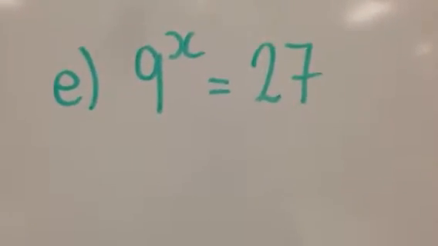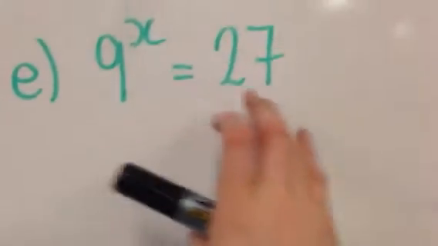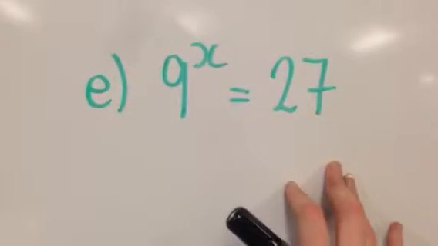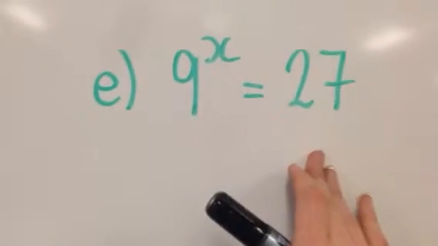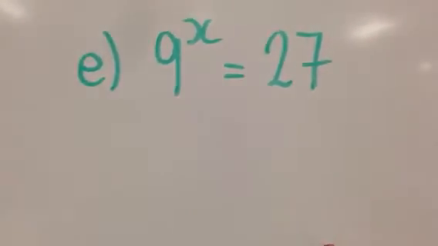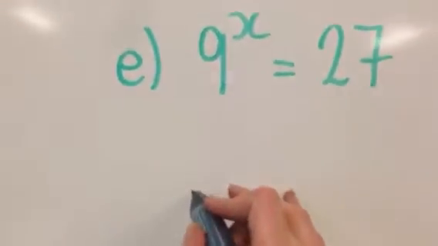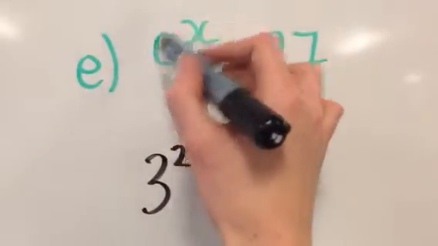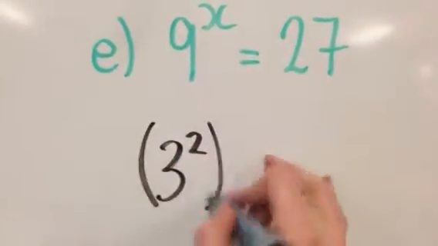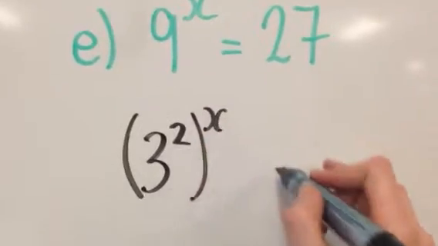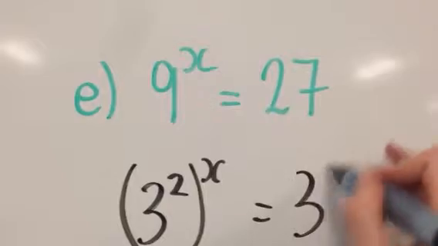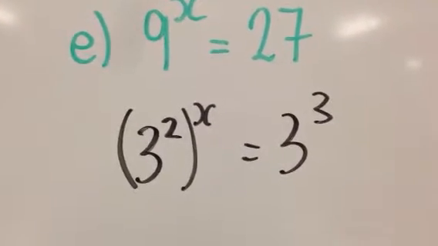So what I actually need to do in this case is convert both of these to a base that's common. And hopefully you can see that both of these numbers have 3 as a base. So I can actually write this 9 as 3 squared. 9 was to the power of x, so that's 3 squared is now to the power of x. And 27 can be written, of course, as 3 cubed.